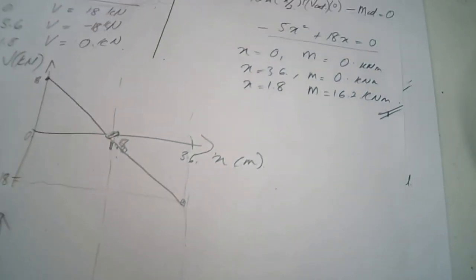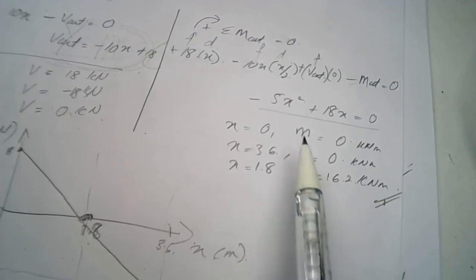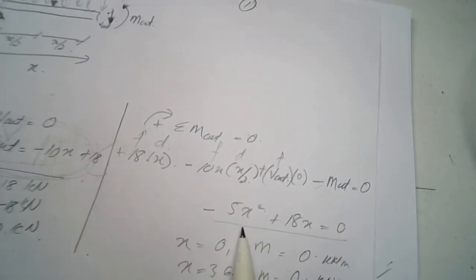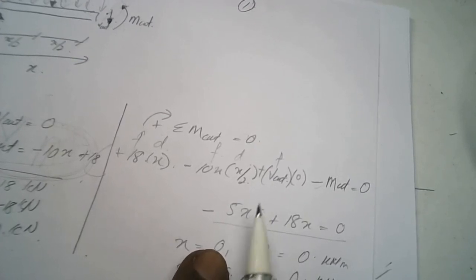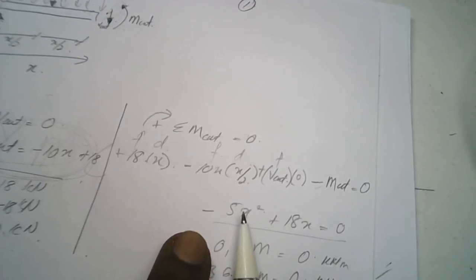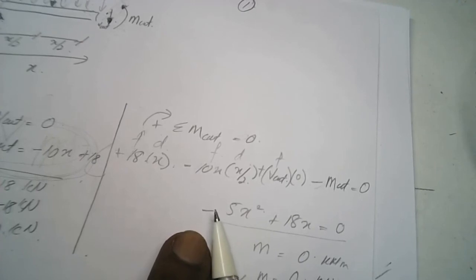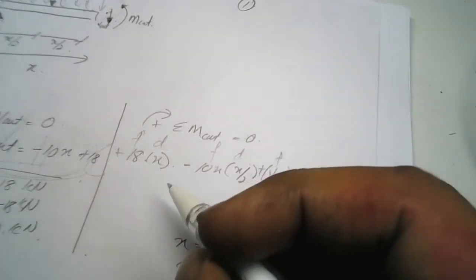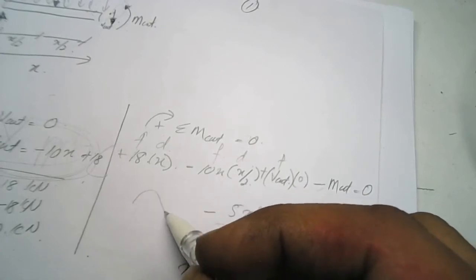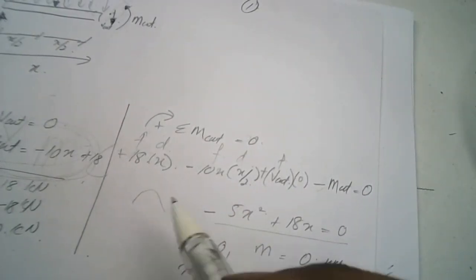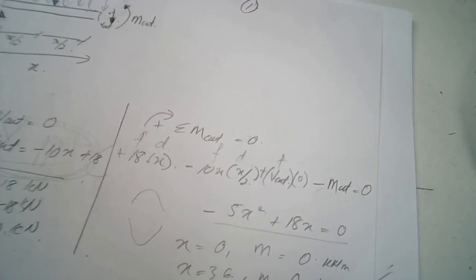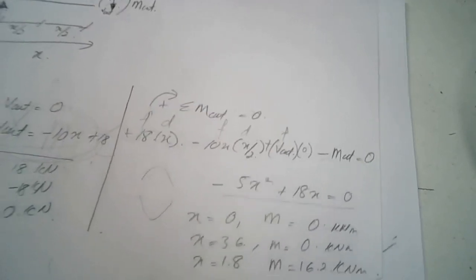So we have a quadratic graph here. You have to remember the quadratic equation. If the coefficient is negative, you will get a graph like a sad face. If positive, you will get a smile. Now we have a sad face.